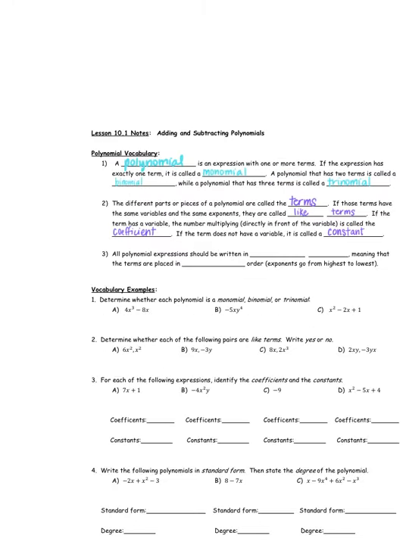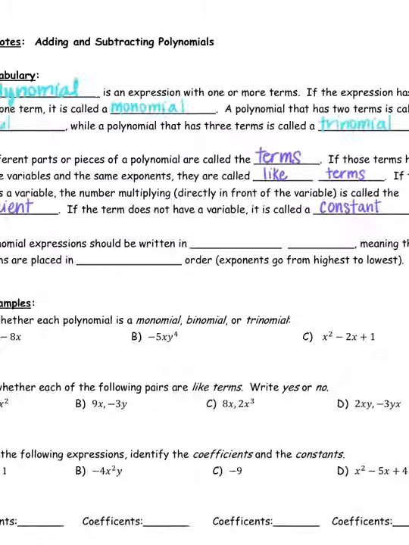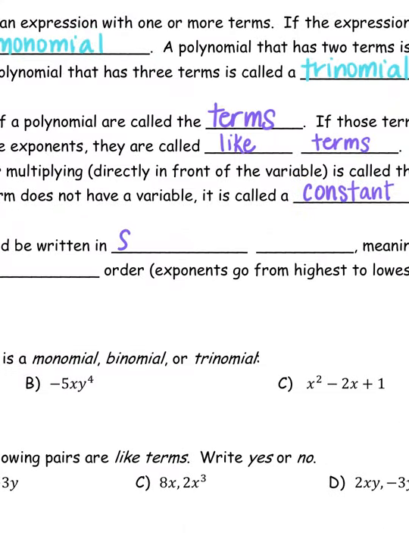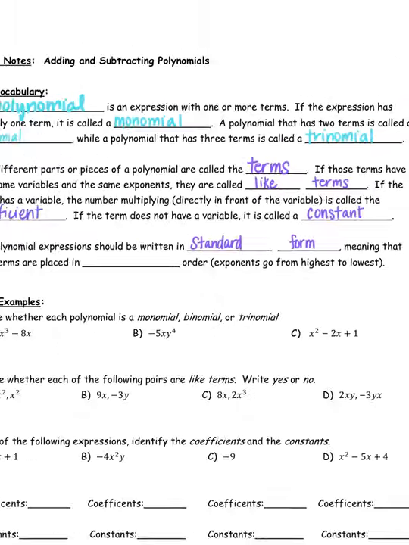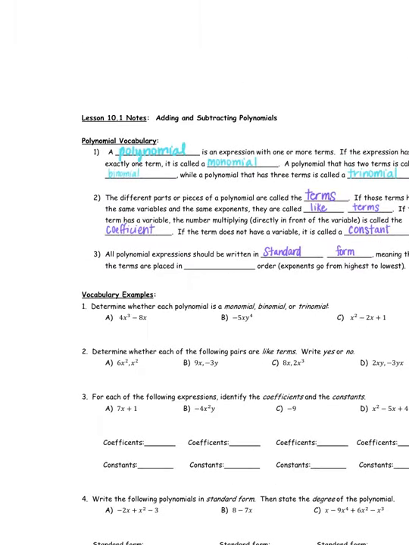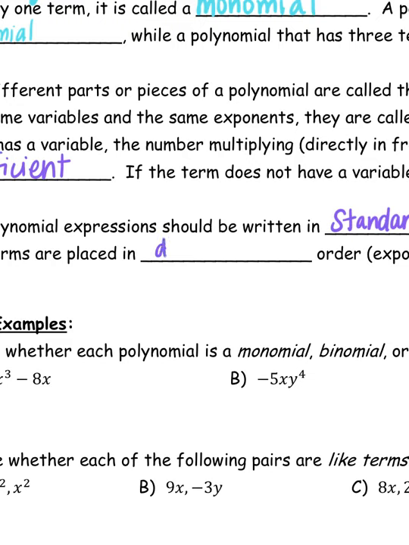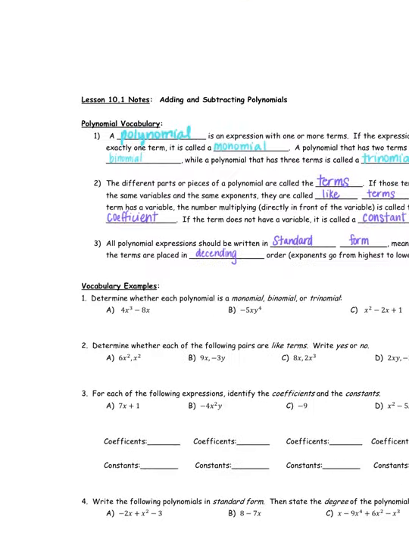All polynomial expressions should be written in standard form, meaning that the terms are placed in descending order, which means they go from highest to lowest.